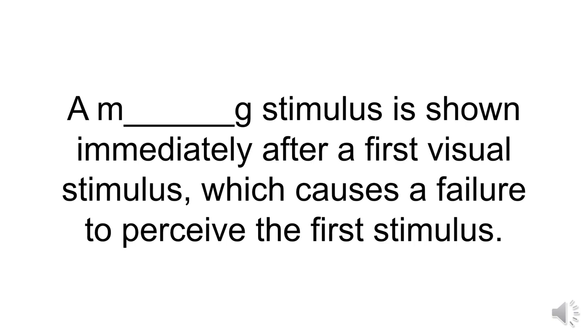M-blank-G stimulus is shown immediately after a first visual stimulus, which causes a failure to perceive the first stimulus. This is a repeat for emphasis, and you should know the answer. What is it?